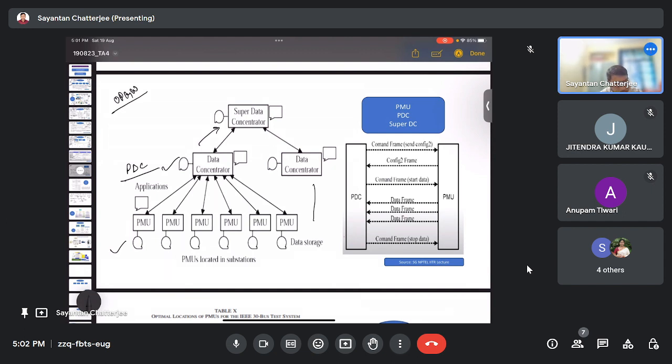On the outer side it is ground wire, but on the inner side it is optical fiber, and the information gets communicated.